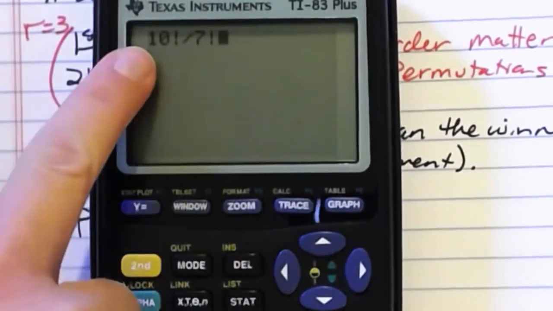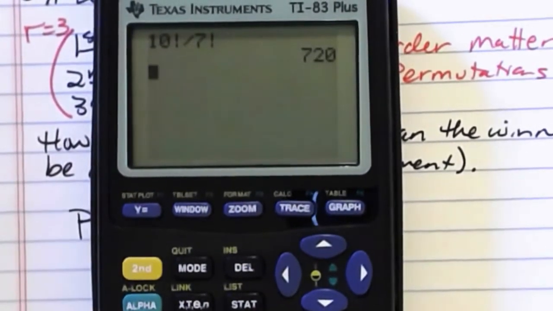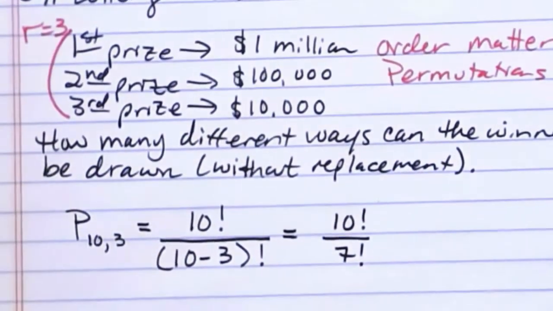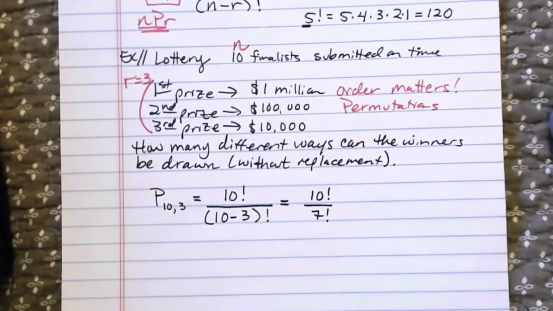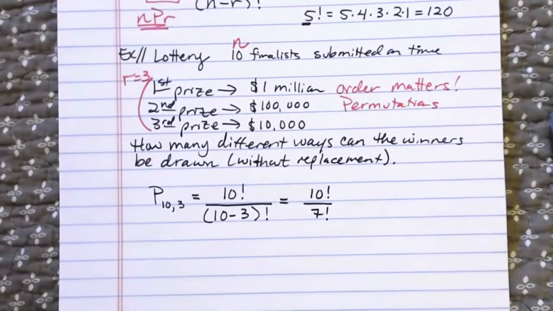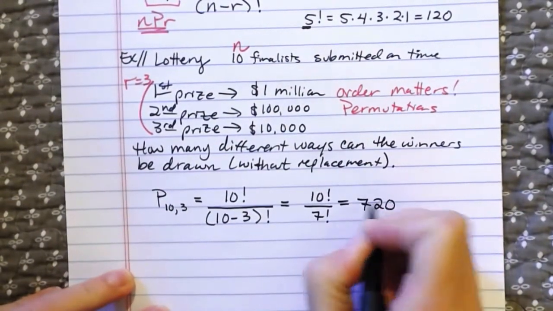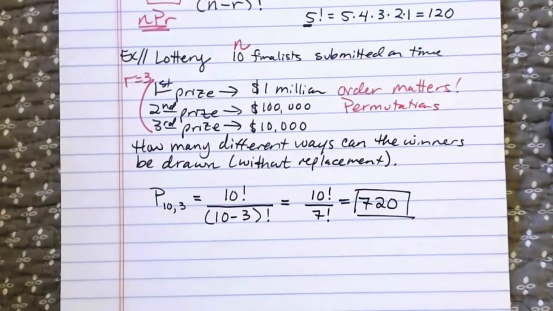So now we have 10 factorial divided by 7 factorial, enter. And we find out there are 720 different ways that we can select the winners without replacement. Okay, so 720 different possible outcomes if we're talking about permutations.